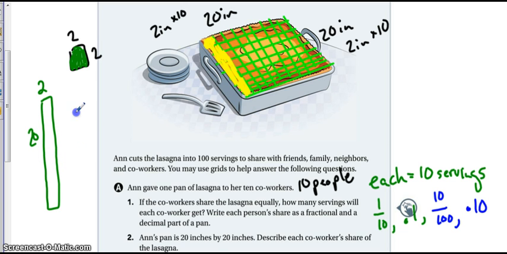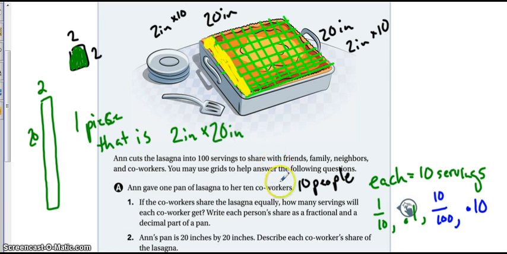And so they'd have one piece that is 2 inches by 20 inches in their dimensions, which would be the same thing as 40 square inches of lasagna.